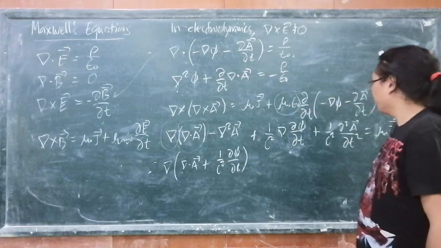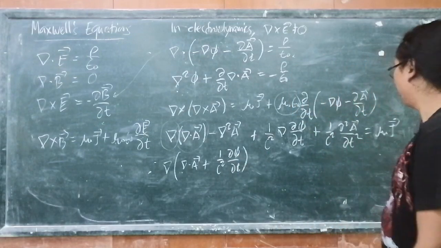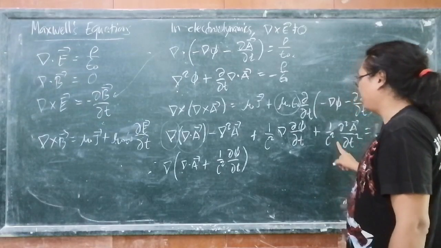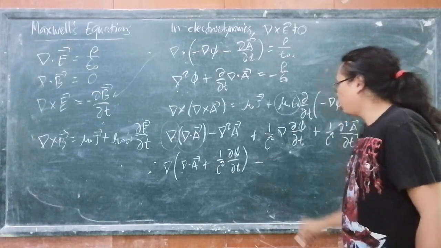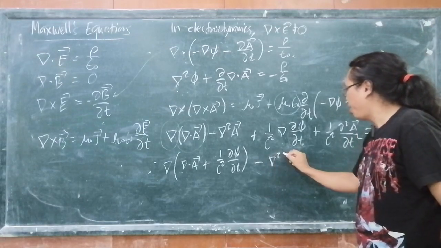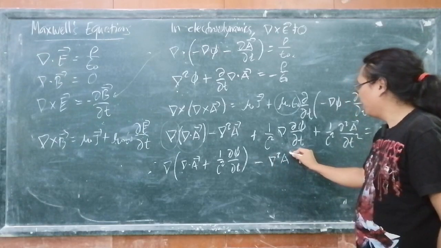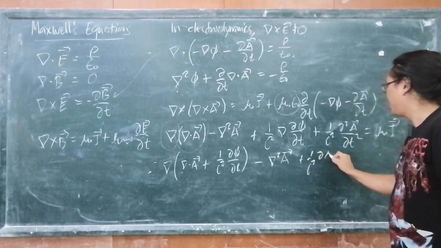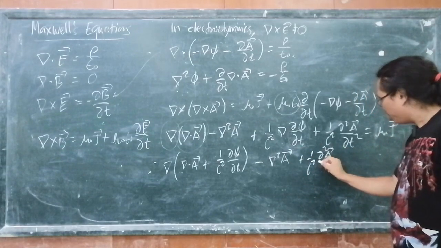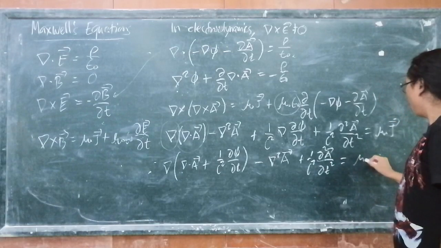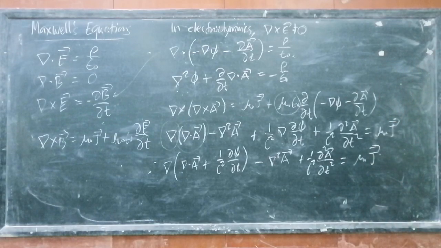Okay. And how about this one? Okay. This is minus del squared A plus 1 over c squared partial squared A over partial t squared. This is equal to mu naught J. I think this is correct. Yes.